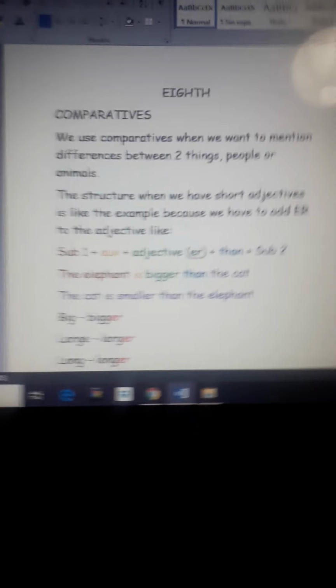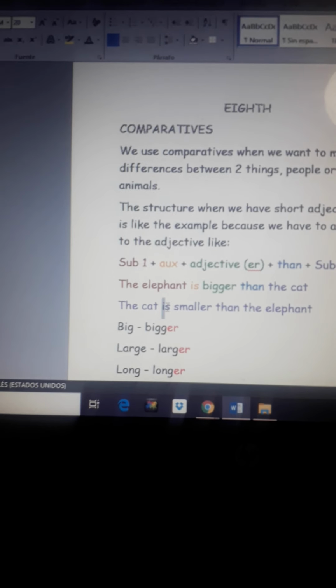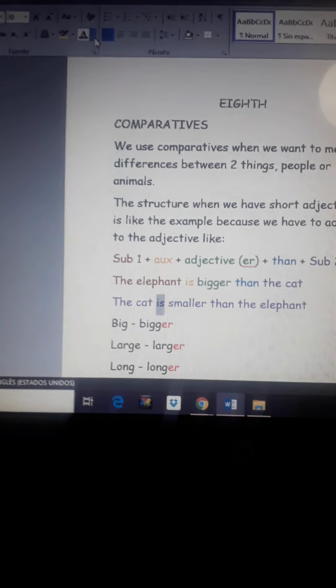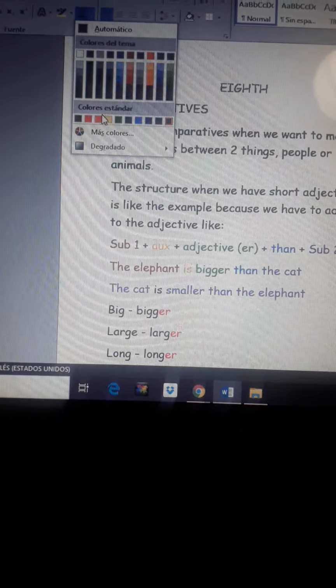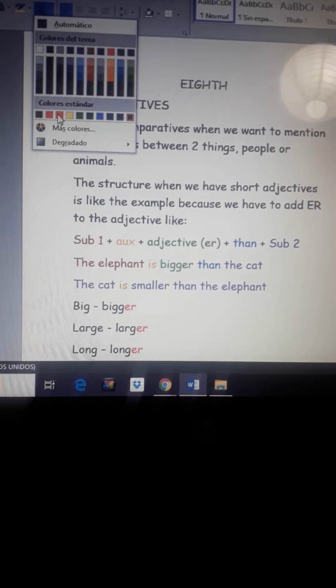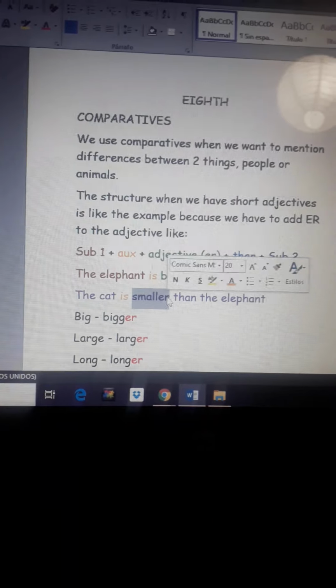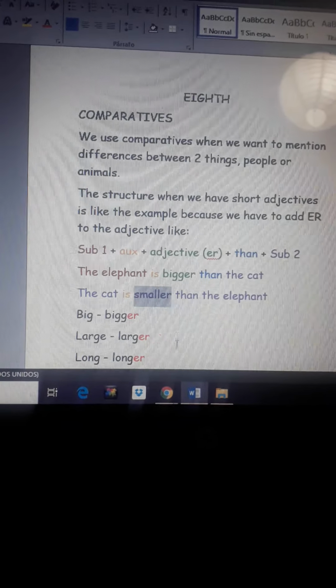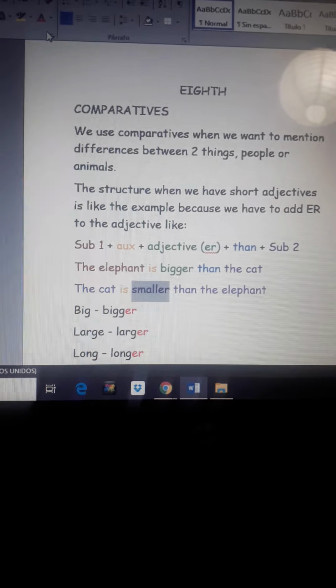Here I am doing the same example, but in the other way. I am expressing that the cat is less big than the elephant, but I am using in this case the adjective smaller. If you check, we don't have to double because small has a double L.